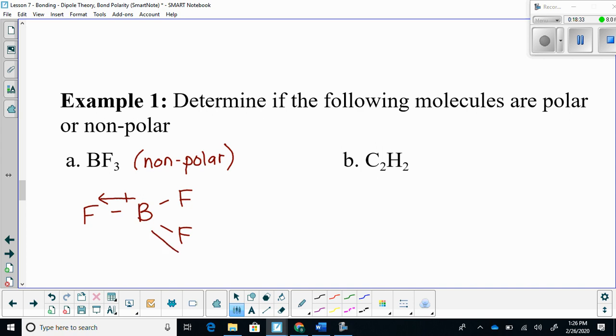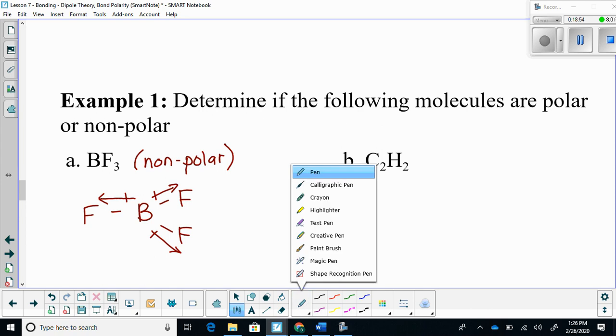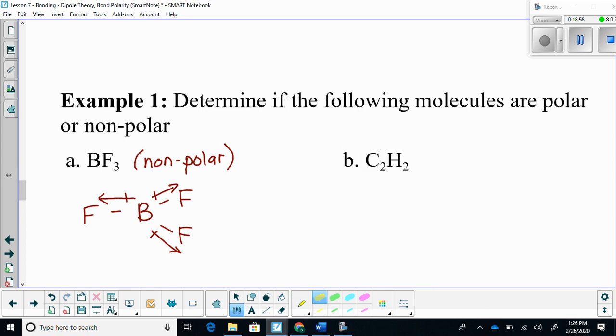Same thing, we're going to do that with all of the other ones. Okay, my arrows should be roughly the same size because the electronegativity difference between each fluorine and boron is the same. Now, why this molecule is nonpolar is, remember how I told you about those bond angles?